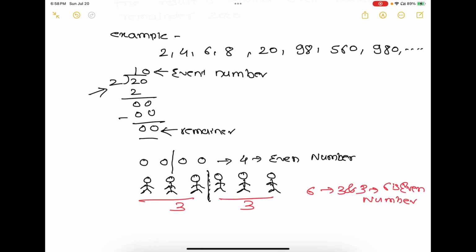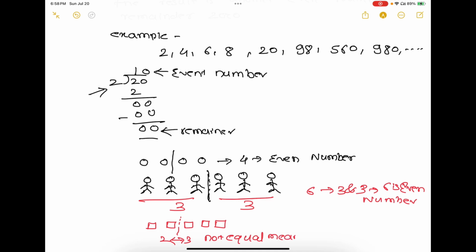Now if I divide these 5 boxes into two, can I divide into two equal parts? No, right? If I take here, it becomes 2 and 3, not equal.